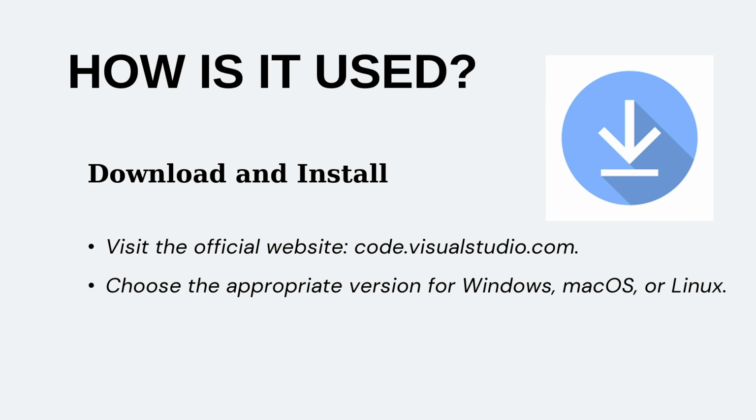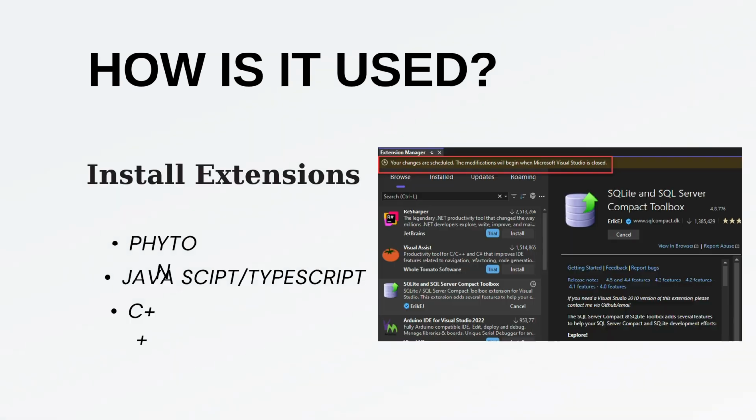The next title, how is it used? Firstly, we download it for free from its website, and then choose the version for our computer. Install extensions. Installing extensions refers to adding extra features or tools to Visual Studio Code to enhance its functionality and tailor it to your specific needs as a developer.